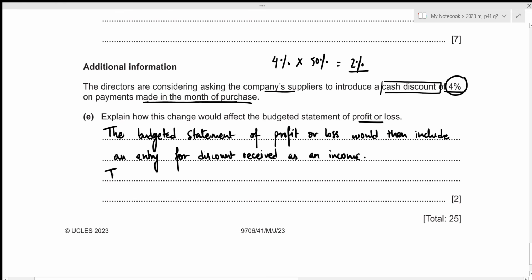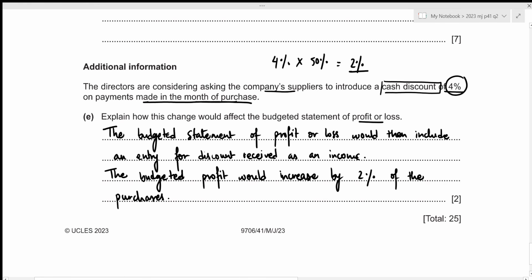Let's write it down. So the budgeted profit would increase by 2% of the purchases. Alright, this concludes the fifth part of this question as well as the entire question.